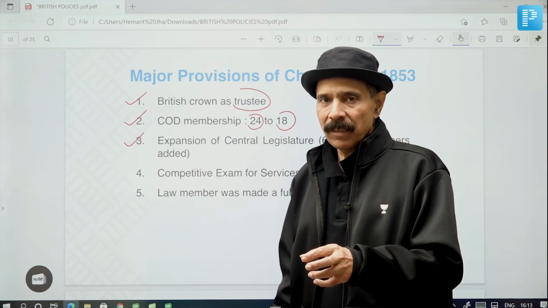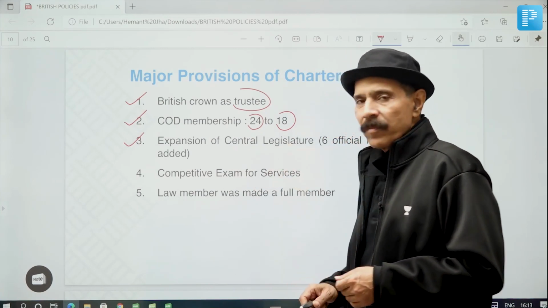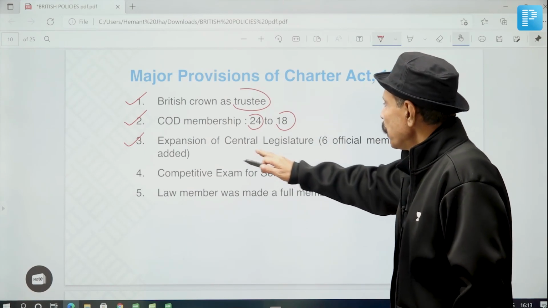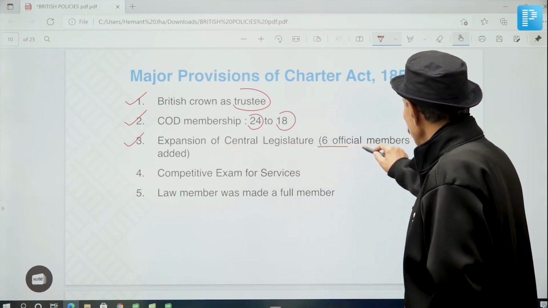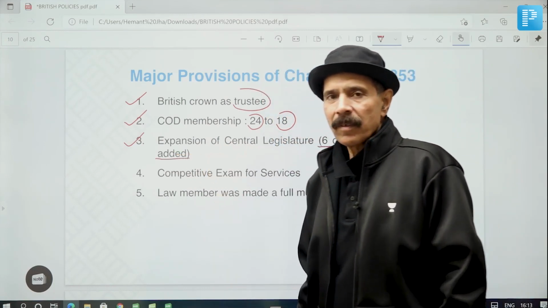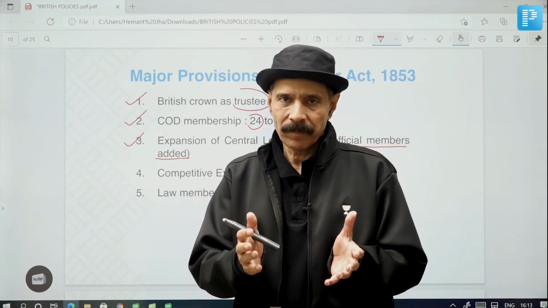In this capacity for legislative affairs, this council was known as the Central Legislature. And here the point is the expansion of the Central Legislature. Six official members were added. These members were from outside, but they were officials.